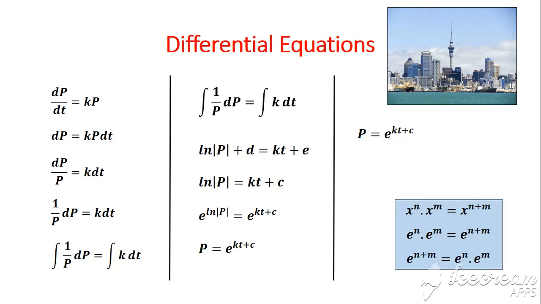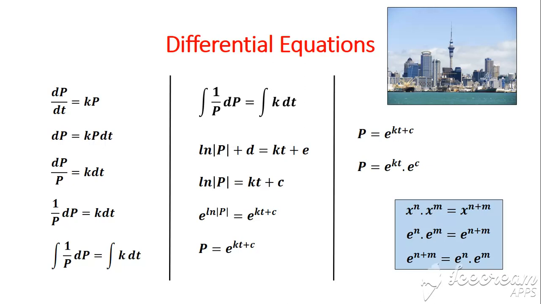I'm just going to rewrite that a different way: e to the power of n plus m is equal to e to the power of n times e to the power of m. Now, if you look up above, that's how I've written the population function, e to the power of kt plus c. So what I'm going to do is rewrite this as population is equal to e to the power of kt times e to the power of c.